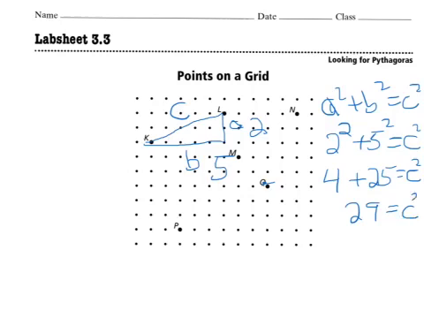And if I know C squared is 29, I do the inverse operation and take the square root of both sides. Then C, the distance of the hypotenuse, the length from K to L, is the square root of 29 exactly.